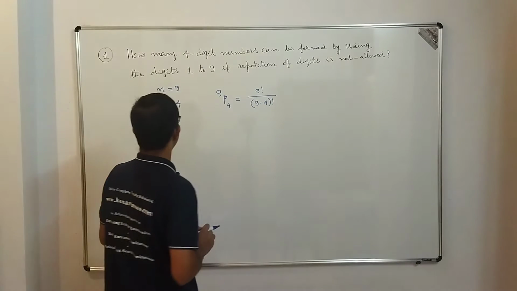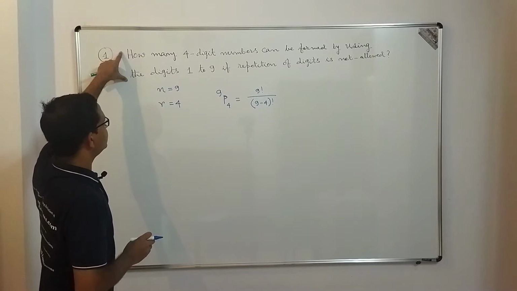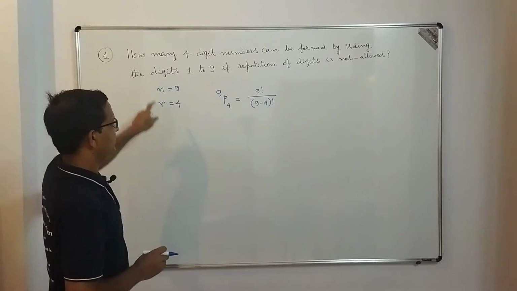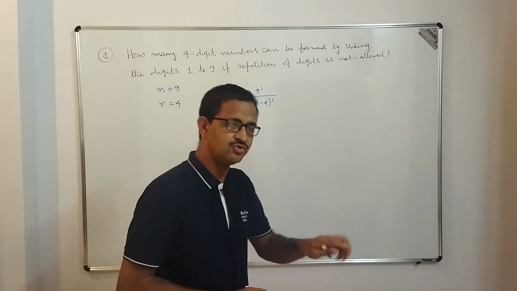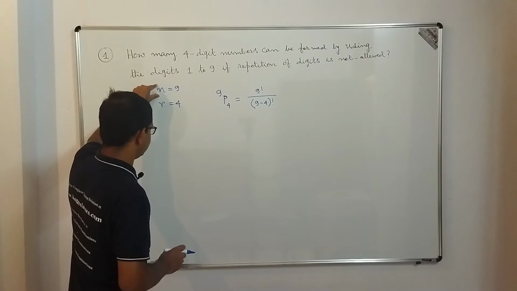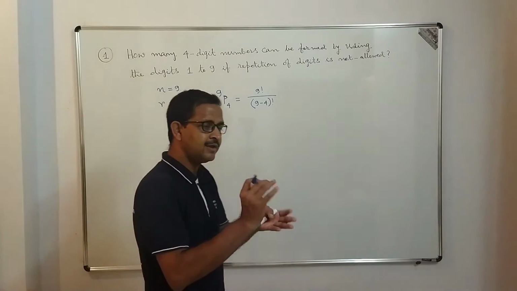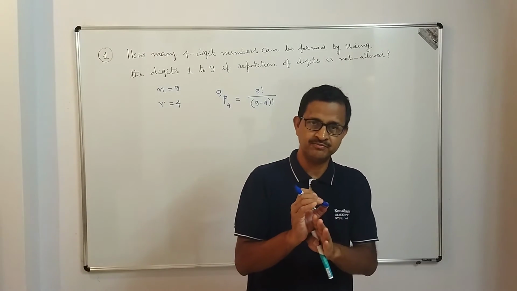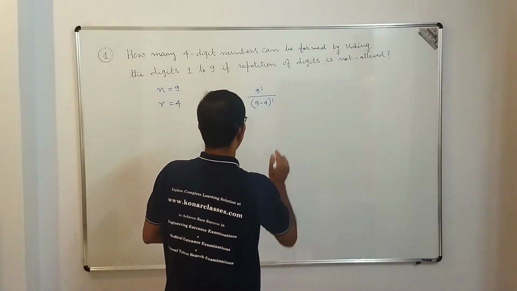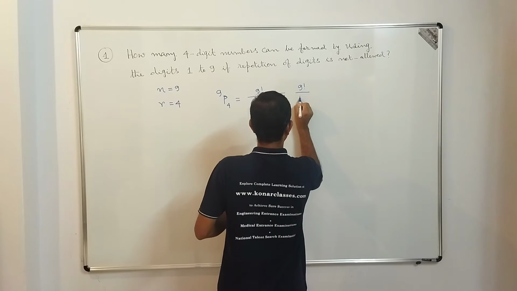Just by looking at this statement, out of the 9 distinct objects we need to take 4 at a time and permute them. So that number is 9P4 as repetition is not allowed, and that value becomes factorial 9 divided by factorial 5.